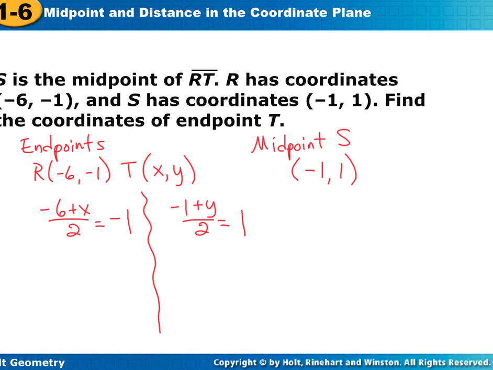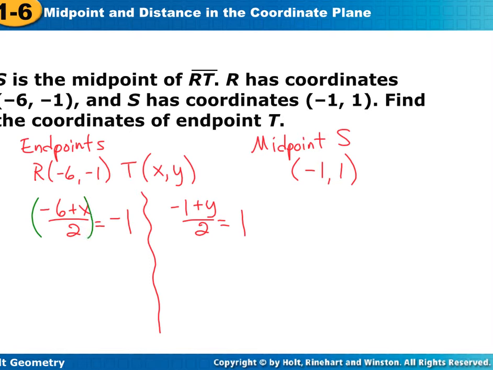So what I'm setting up is, I'm saying this negative 6 plus x divided by 2 is supposed to equal negative 1. And negative 1 plus y divided by 2 has to equal positive 1. Does that make sense? Now, if that makes sense, then let's do the solving.